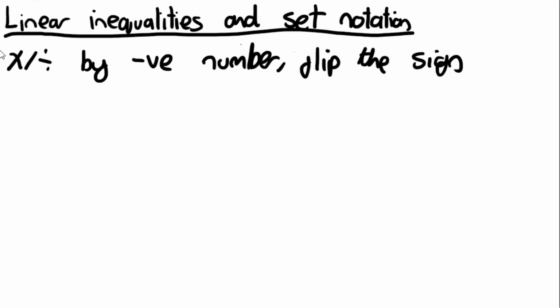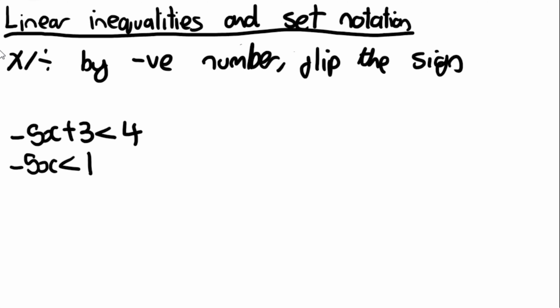So for example, let's do minus 5x plus 3 is less than 4. Remember, it will have the same setup as the question where it says find the set of values that satisfy, but I won't write it here, so it doesn't take forever. In order to do this, you have to make x the subject, so it'll be minus 5x is less than 1. And then you need to divide everything by minus 5.